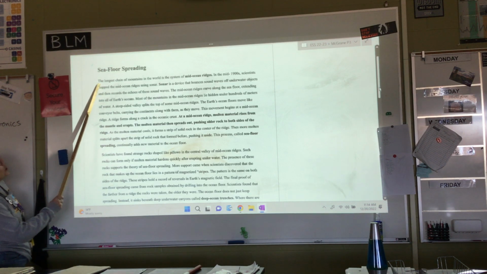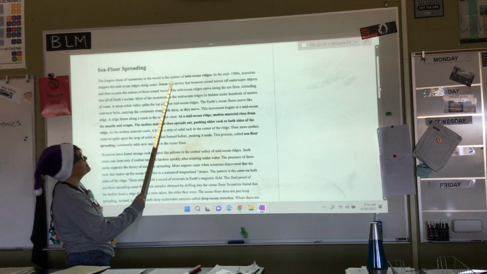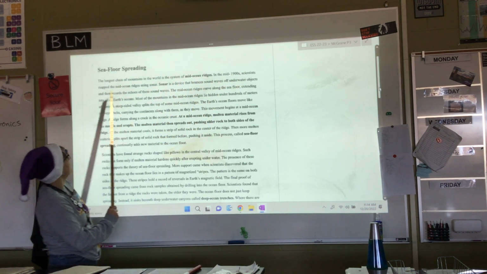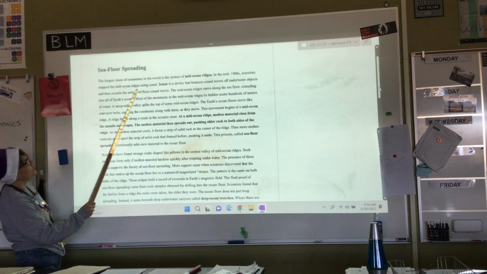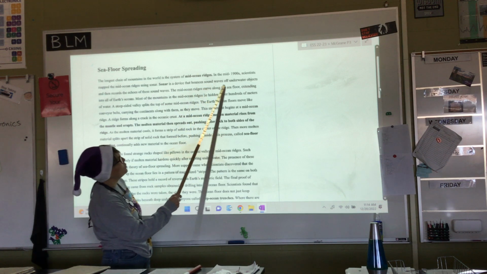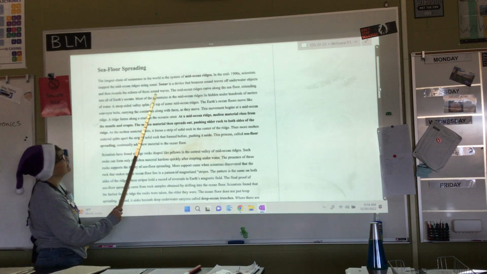So, the longest chain of mountains in the world is the system of mid-ocean ridges. In the mid-1900s, scientists mapped the mid-ocean ridges using sonar. Sonar is a device that bounces sound waves off underwater objects, then records the echoes of these sound waves.